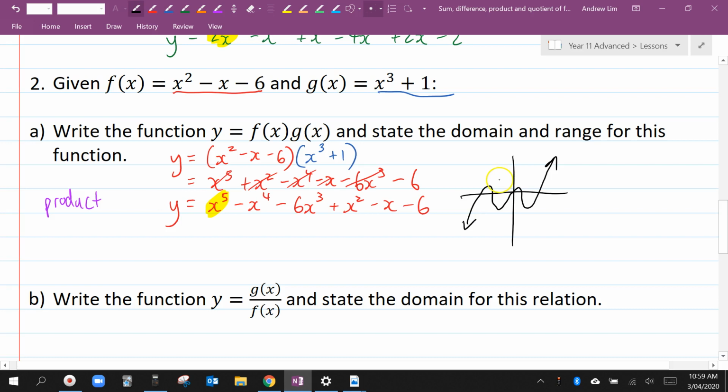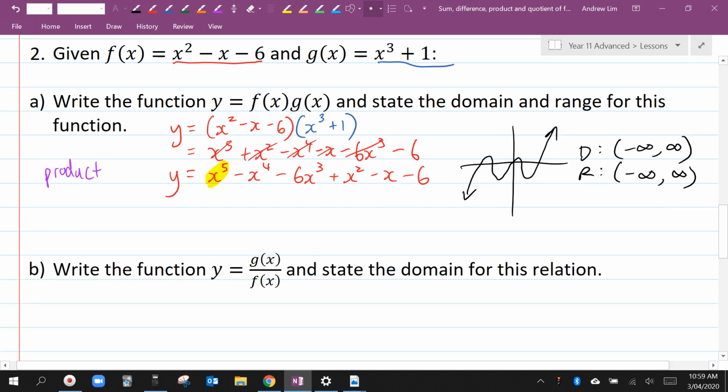Therefore, the domain is from negative infinity to infinity, and the range is also from negative infinity to infinity. So just remember, whenever it's shaped like a cubic, the domain and range will always be from negative infinity to infinity.